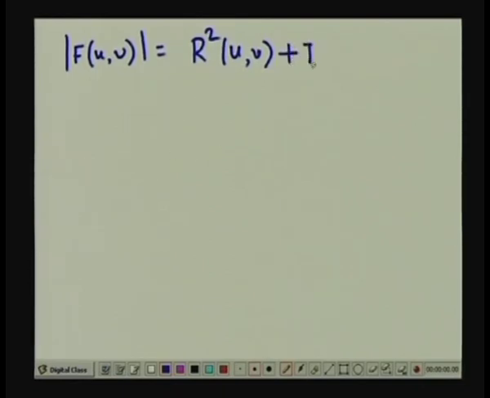So, in this two dimensional signal, the Fourier spectrum |F(u,v)| is given by the square root of R squared(u,v) plus I squared(u,v), where, as before, R gives you the real component and I gives you the imaginary component.